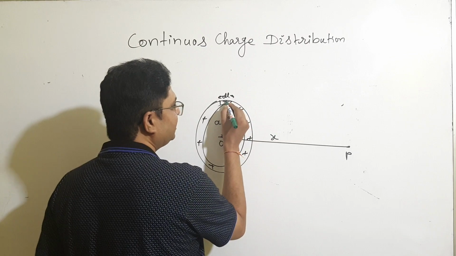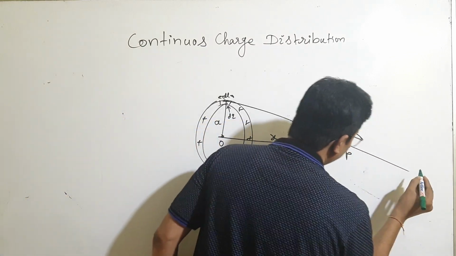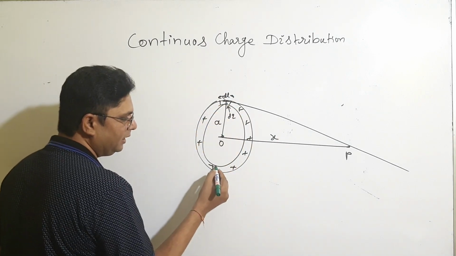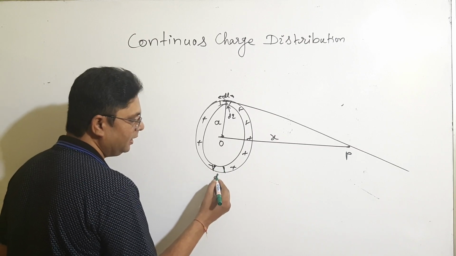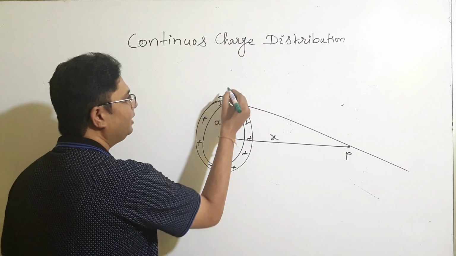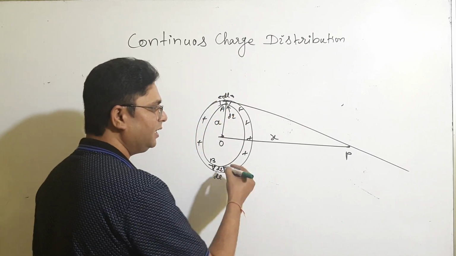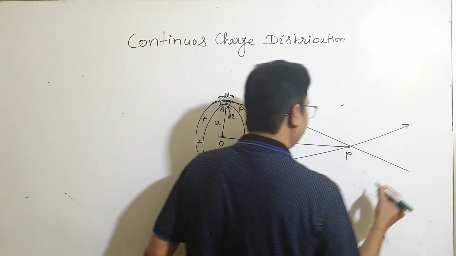So let us take a tangent from here and join the point P. In the same way, on the opposite side, let us have another length dl, having charge dq. Let this point be A, this point be B.